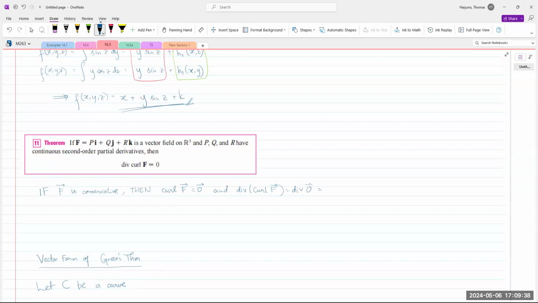Right? But what this theorem actually says is what happens even if F is not conservative, but has continuous second order partial derivatives.